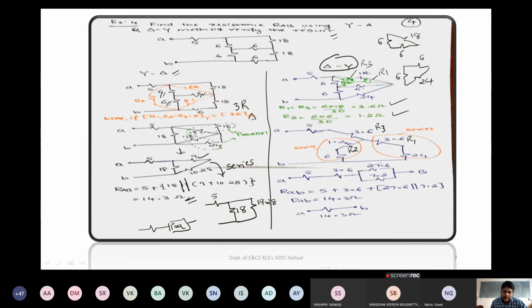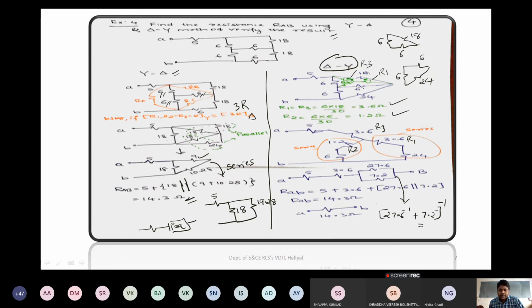Okay, so this parallel value, how to calculate here in a quick way, just do 27.6 inverse plus 7.2 inverse in the calculator, you will get some answer. So that answer you take the inverse again.